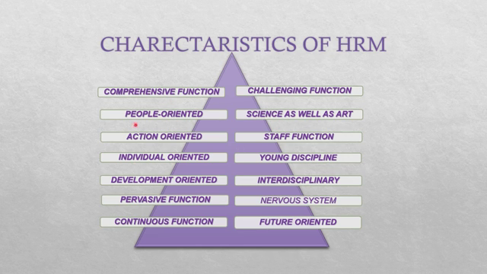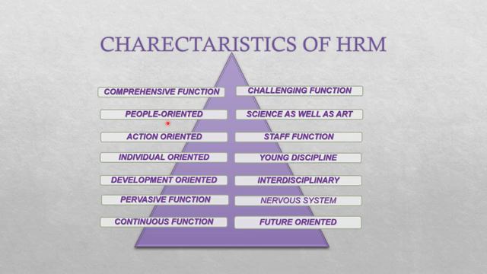Next is people-oriented. Now we know that human resource management is concerned with managing people. It is concerned with hiring people that an organization requires according to the requirement of the job. It is concerned with bringing people together within an organization so the goals of both the organization and the individual are met.